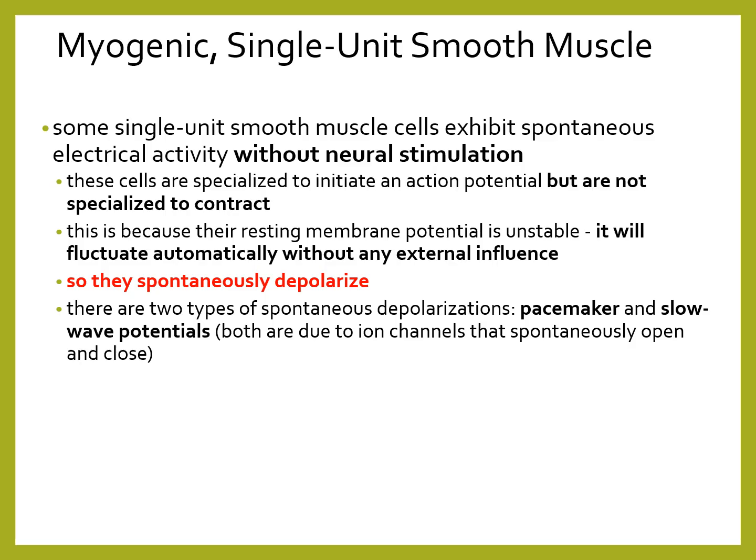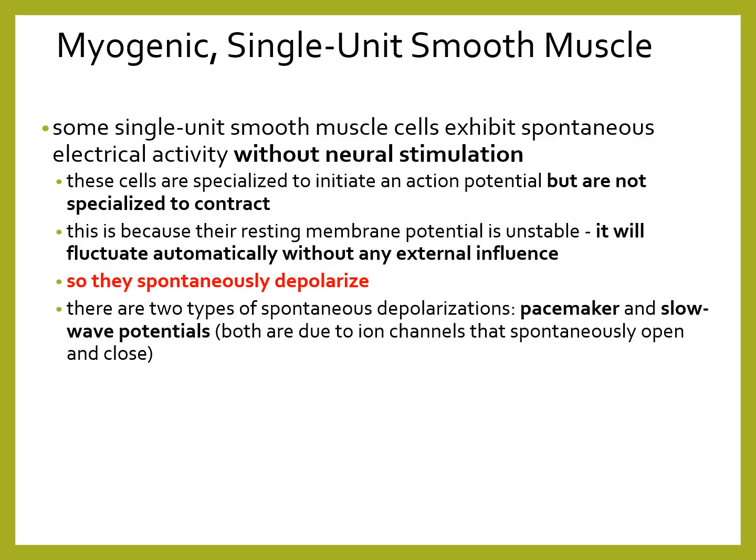As a matter of fact, in single unit smooth muscle, there are specific smooth muscle cells that are specialized to initiate action potentials, but don't necessarily contract. And the reason why these cells are specialized to initiate their own action potentials without the nervous system is because their resting membrane potential is unstable. It will fluctuate automatically without any external influence. They will spontaneously begin to depolarize towards threshold.